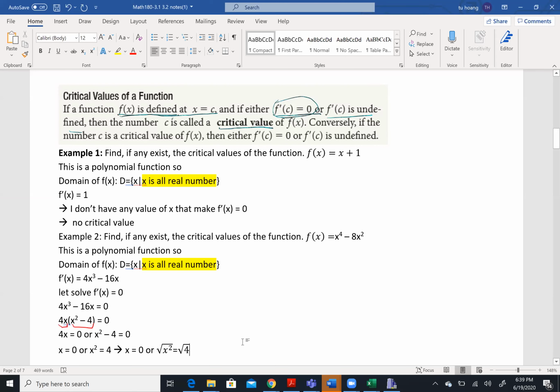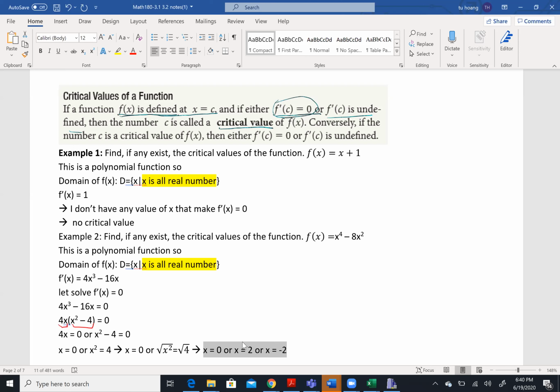So now you're going to have x equal to 0, or x equal to positive 2, or x equal to negative 2, right? Now you have a total of 3 values.